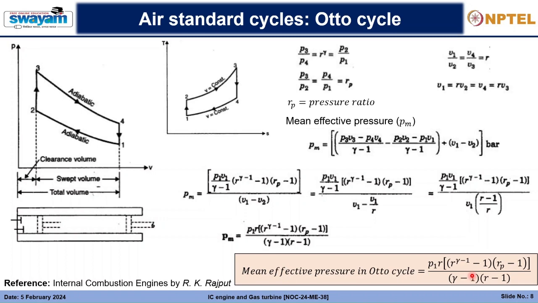And really, to speak, this is only from the GATE scoring point of view. You need not actually memorize everything. You should actually know how to derive and how to get this particular equation. So this we will also use in Otto cycle problems later.